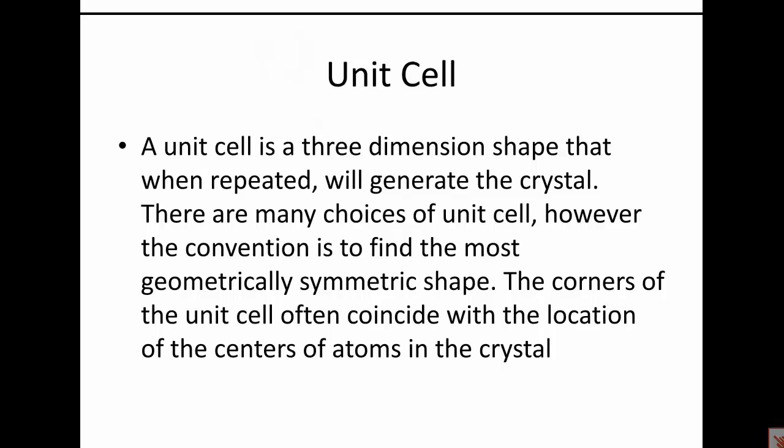There are many choices of unit cell, but the convention is to choose shapes that reflect the symmetry of the arrangement, and often the corners of the unit cell coincide with the locations of the centers of the atoms in the crystal.